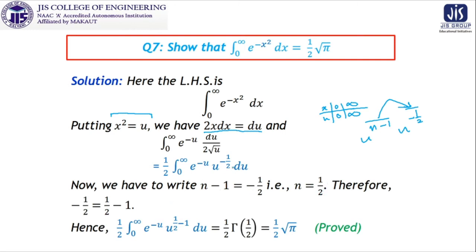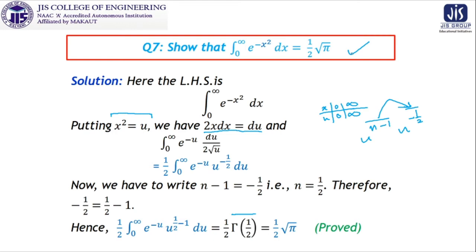So we can write this one as half, 0 to infinity, e to the power minus u, u to the power half minus 1 du. So half gamma half. Clear? Half gamma half will give us, from the property, gamma half is equal to root over pi. So ultimately the result is the same as we desire, half into root over pi.